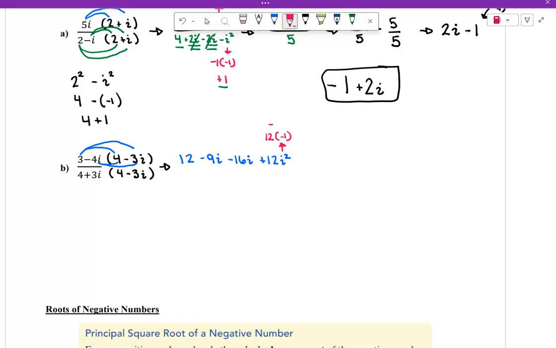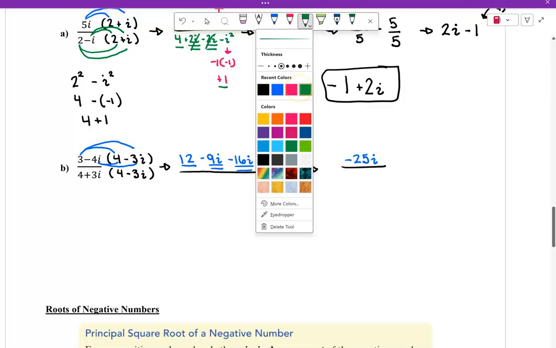Multiply that times 12, you get the negative 12. So let's rewrite it. We got 12 minus 12, that's 0. Negative 9i minus 16i is a negative 25i. Okay.